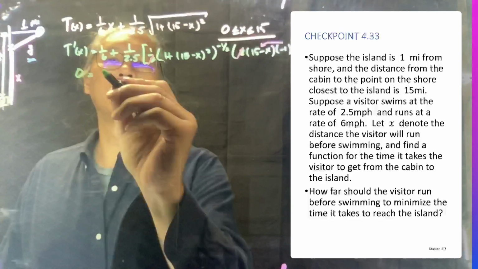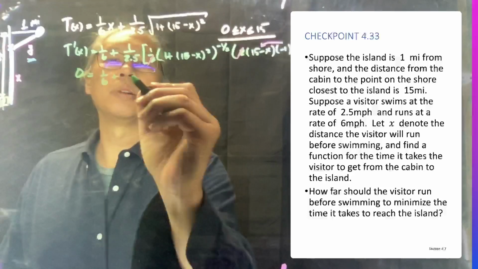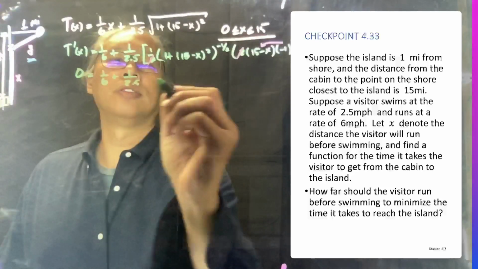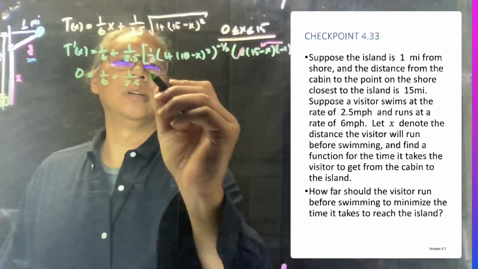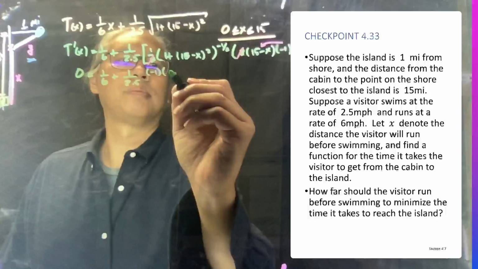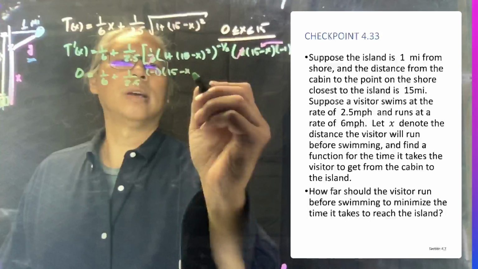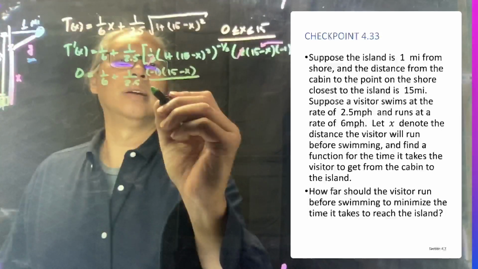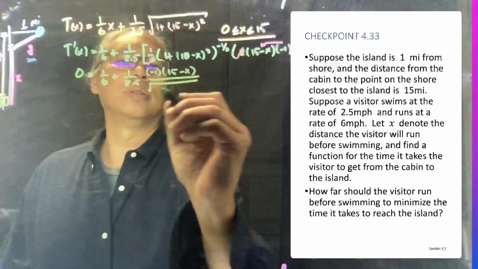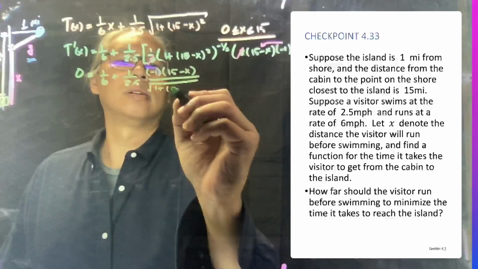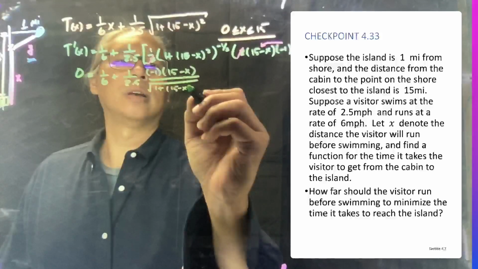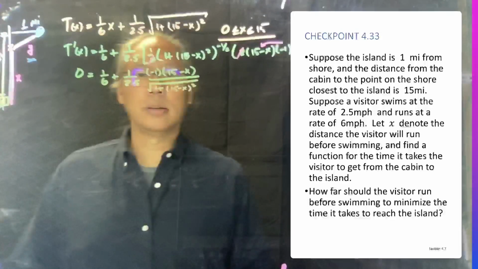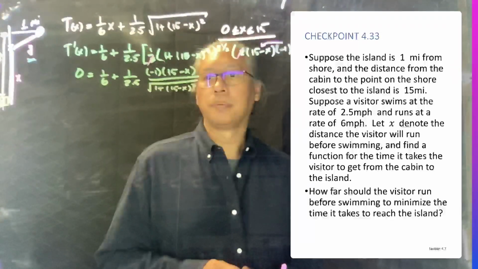We're going to set this equal to 0. 0 is going to be equal to 1/6 plus 1 over 2.5, and this would be negative 1, 15 minus x divided by the square root of 1 plus 15 minus x quantity squared, all under the square root.